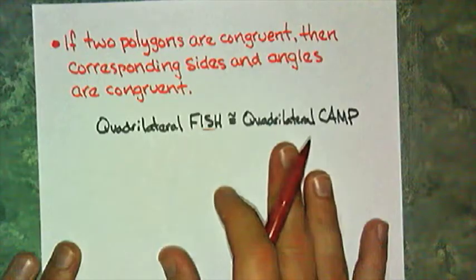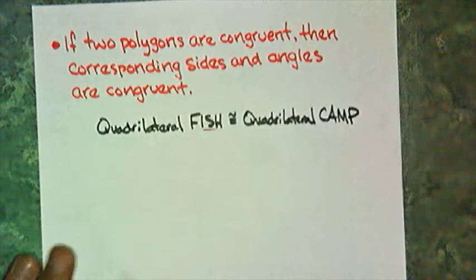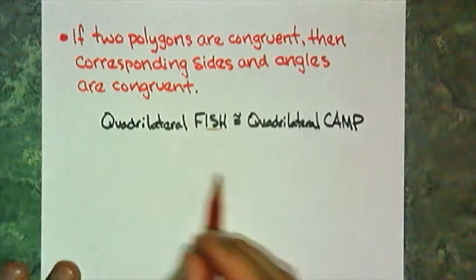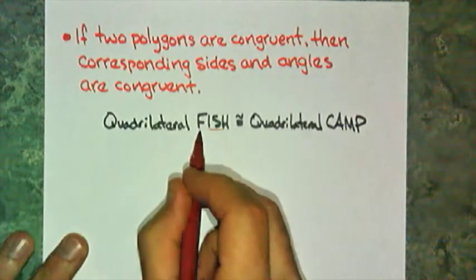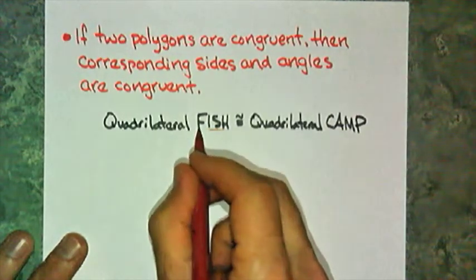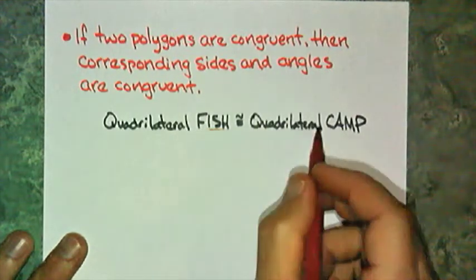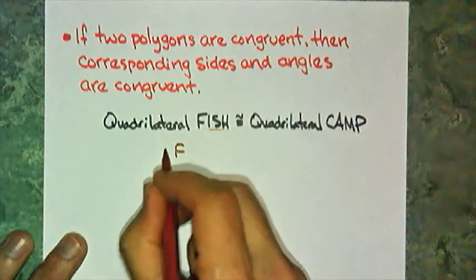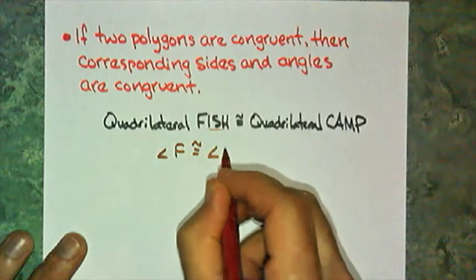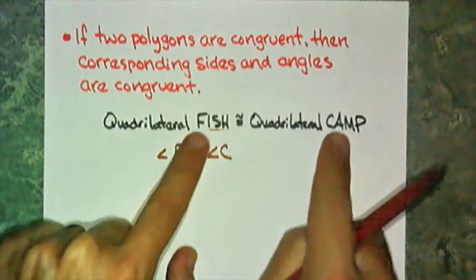Now, there's no picture here, but I can make some presumptions based on this information. I know that angle F must be congruent to angle C because those two correspond.